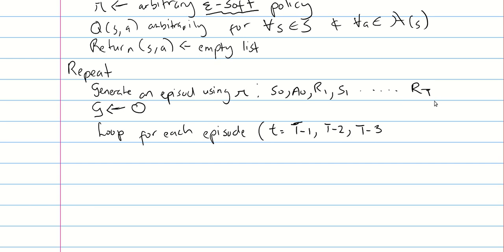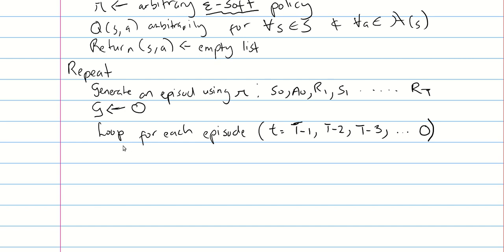Since we have the whole episode, we can of course loop from forward to back or back to forward, but this way is actually more efficient. And again, as an exercise, try to convince yourself why that is. What's the advantage of looping backwards as opposed to looping forward? Think of it from a memory perspective. This is more of an algorithm type of question, but you don't have to concern yourself with it for now.